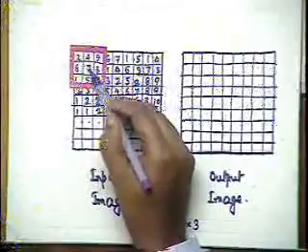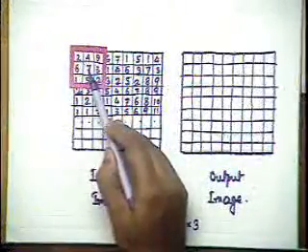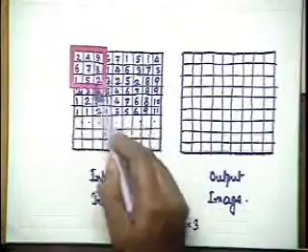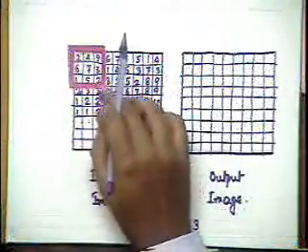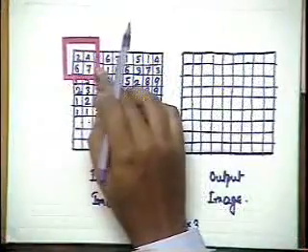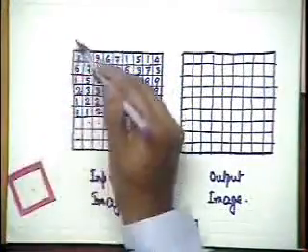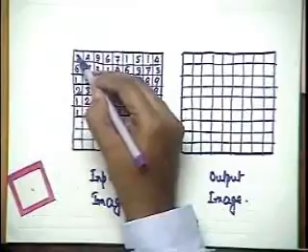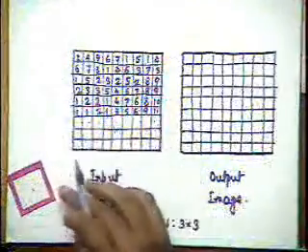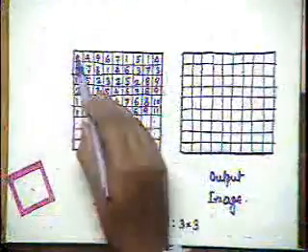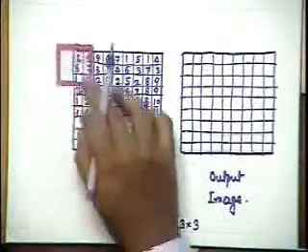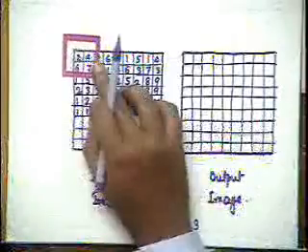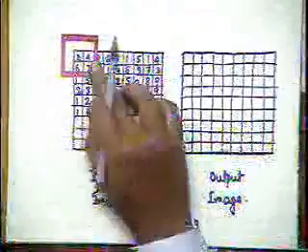Now, what I do, I first start with the top left pixel. My window center should first be positioned over here, at this pixel whose intensity value is equal to 2.